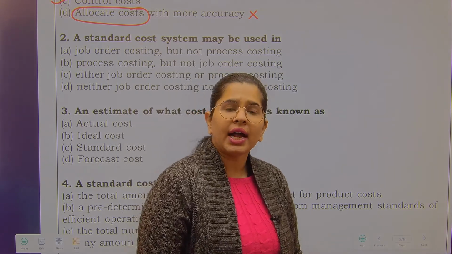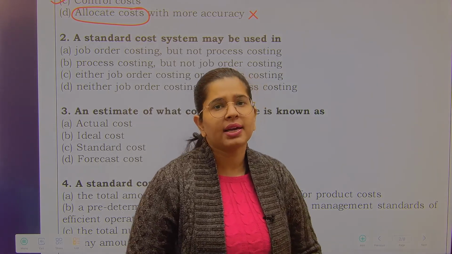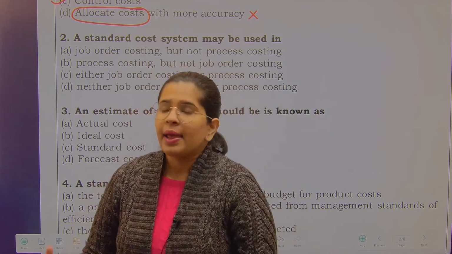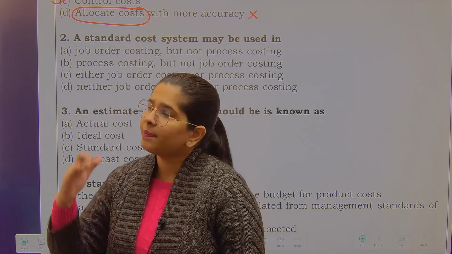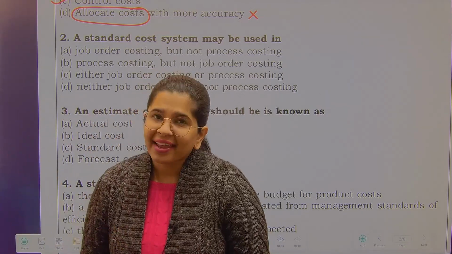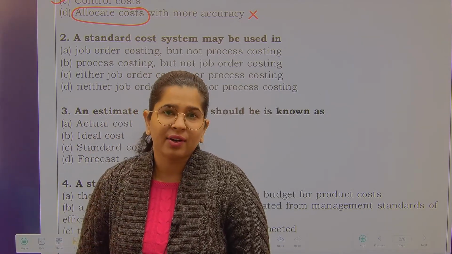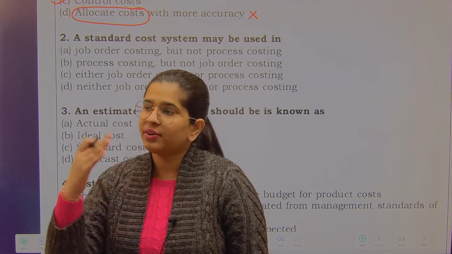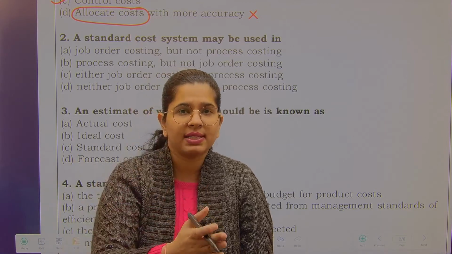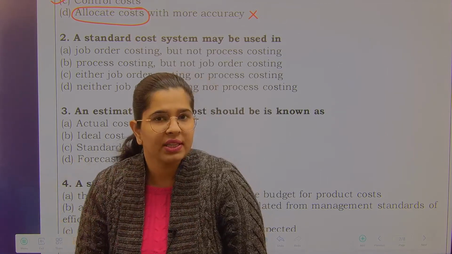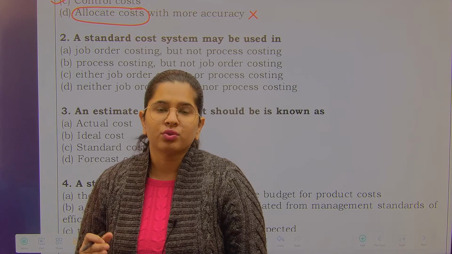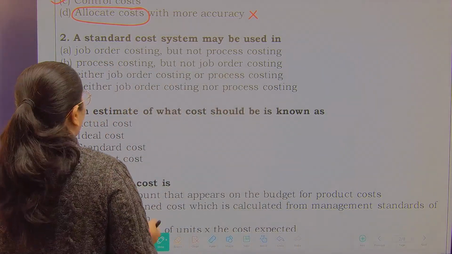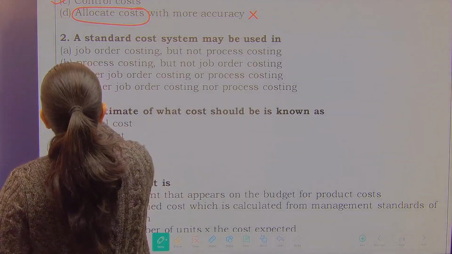So I can do that in any type of costing, be that job order costing or process costing, right? Be it specific order related, be it operation related. I can apply standard costing in every format. Why? Because I want to find out what my actual cost is, what my standard cost is, and what is the difference between these two, right? So in both the cases you can apply it.